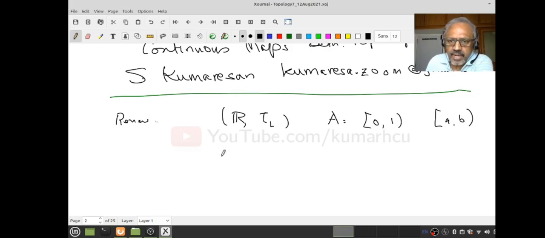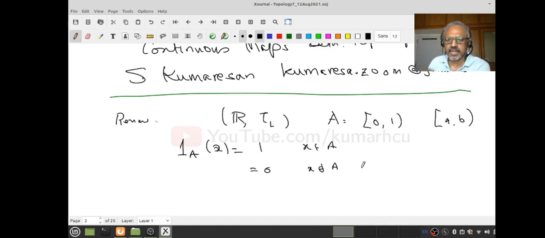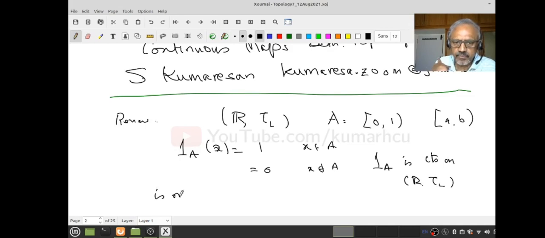We defined the so-called indicator function, which at x is equal to 1 if x is in A, and 0 if x is not in A. We proved this is continuous on R with the lower limit topology, and we also observed it's not continuous on R with the usual topology.